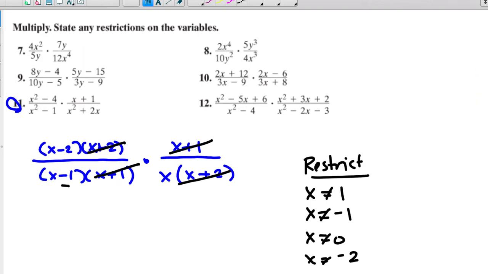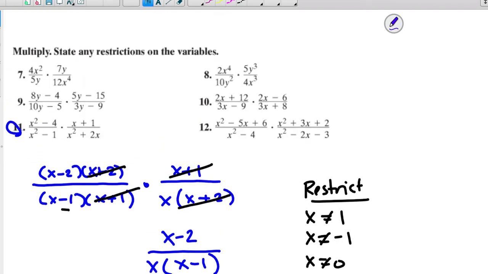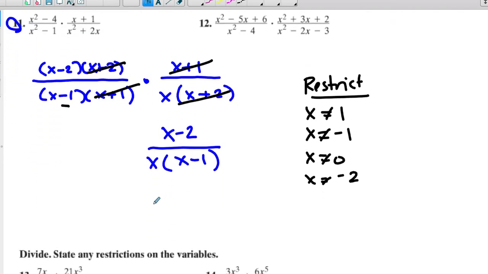So now that leaves us with x minus 2 in the numerator, all over x times the expression x minus 1 in the denominator. Okay, so then that's our answer, and you can either leave it like this, or you can then do the x doesn't equal negative 2, negative 1, 0, 1.